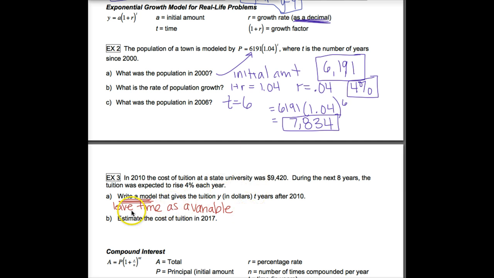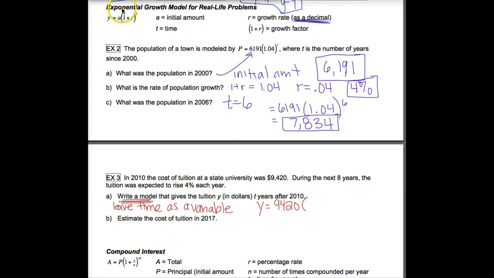So leave time as a variable, write a model that gives the tuition Y, T years after 2010. So in 2010, the cost was $9,420. So that means that's my initial amount. So I'm going to say Y is the tuition, my initial amount, $9,420, times, it says it's going to rise 4% each year.